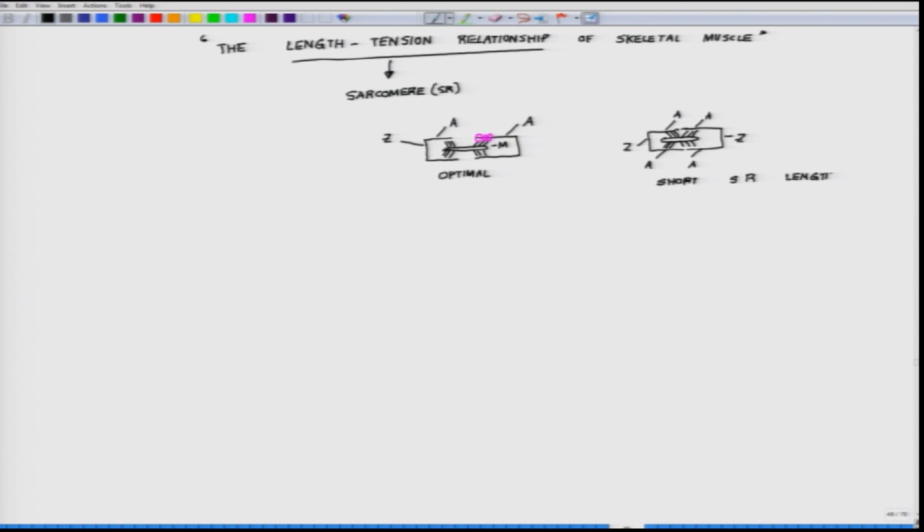And the second state could be when this has stretched even further, something like this, where the number of interactions has reduced.